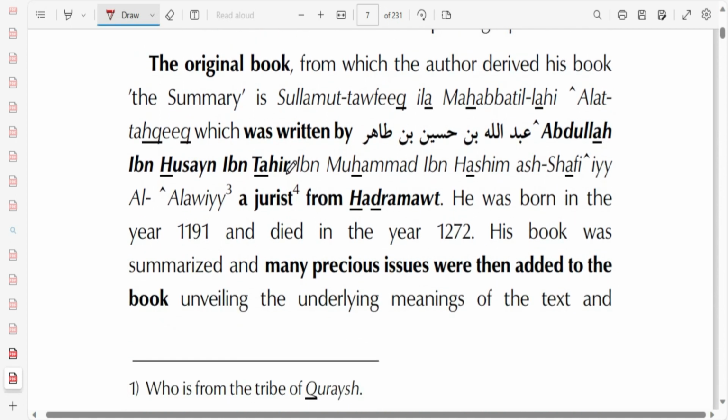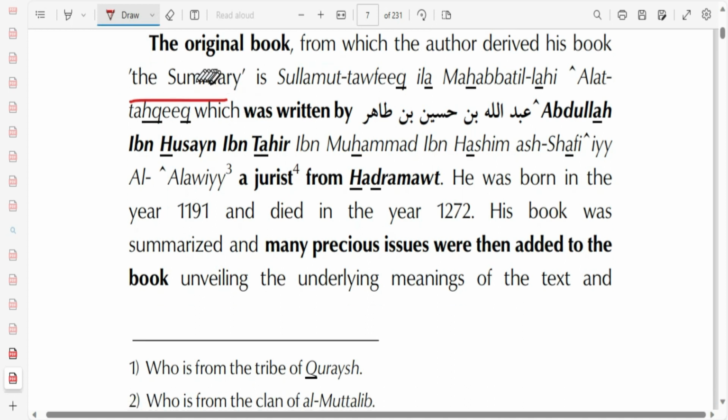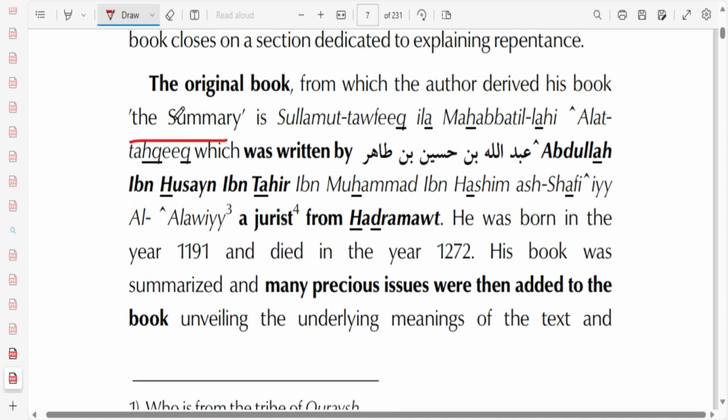The original book from which the author derived his book, the Summary, that's the book we're reading now. We're reading the explanation of this summary. This summary that we're explaining now, that's our source text.